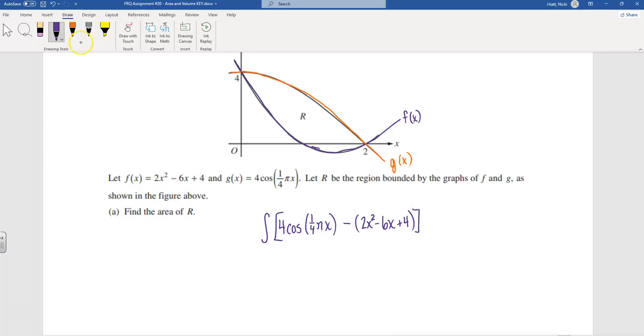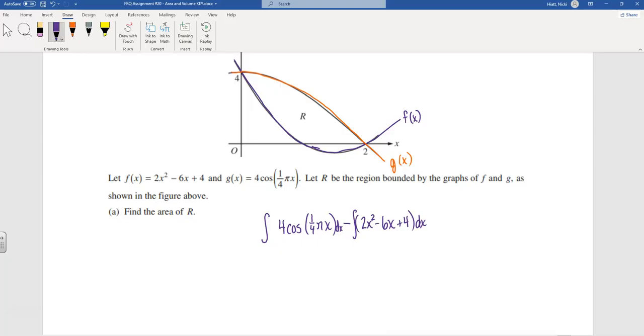Honestly, those are two very different equations, so you can do them together, or you can do them as separate integrals. In this particular case, I think I would prefer to make these separate integrals. Pull the x right here.